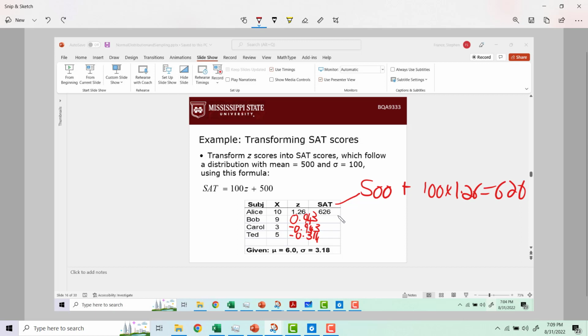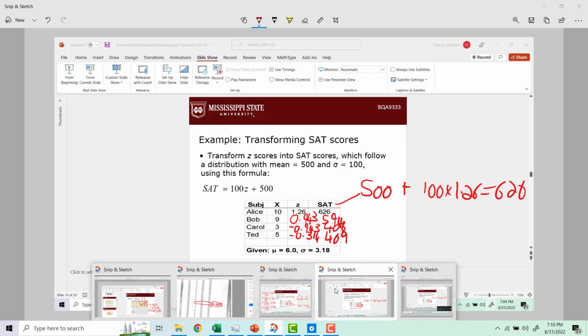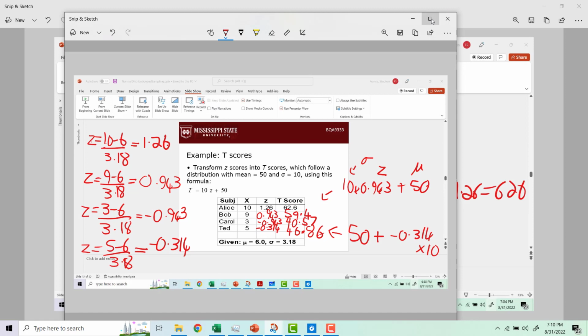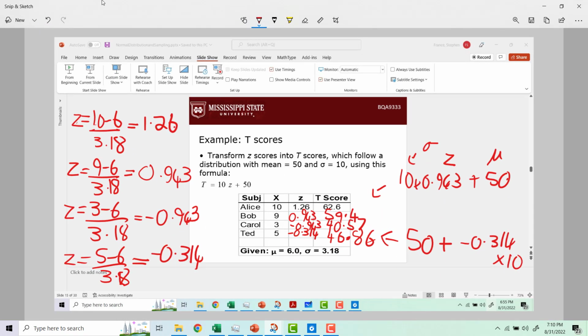So this is going to be 594, and we'll stick to whole numbers. This is going to be 406, and this is going to be 469. And you see, if we'd kept some decimal places, this would be 40.6, and this would be 46.9.